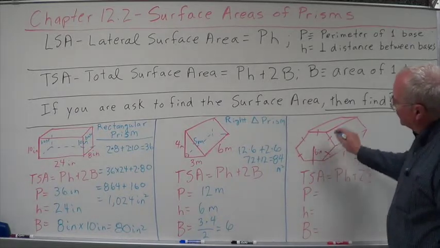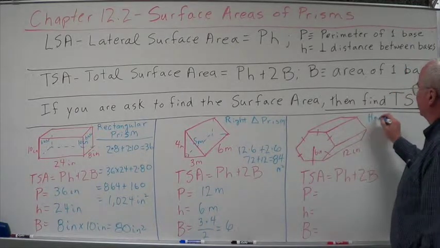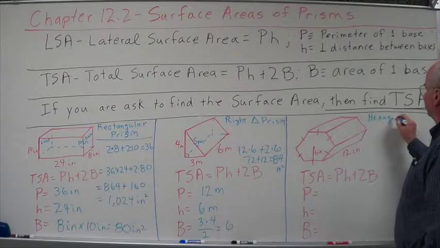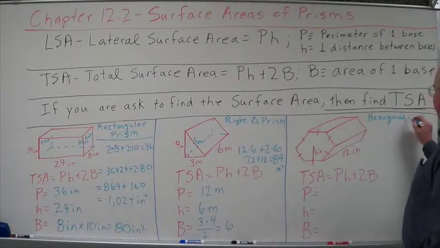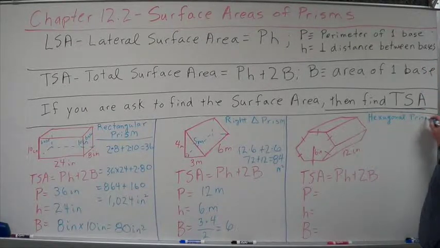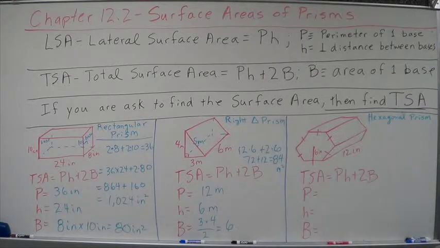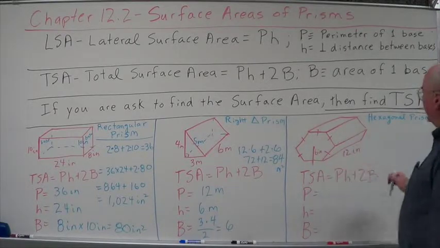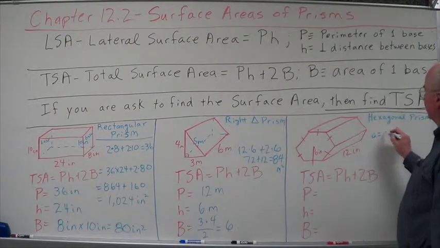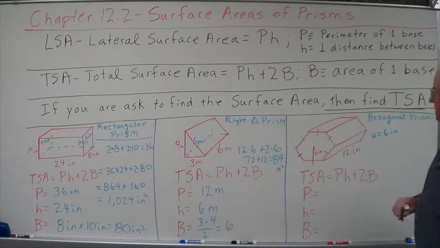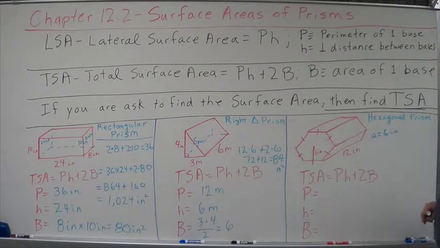What kind of shape is this? I call it a hexagonal prism. You can call it a hexagonal prism. Same thing. We've got a hexagon where the apothem equals 6 inches. Well, I got to find out what one of those sides is.